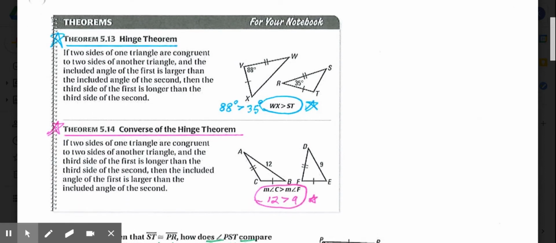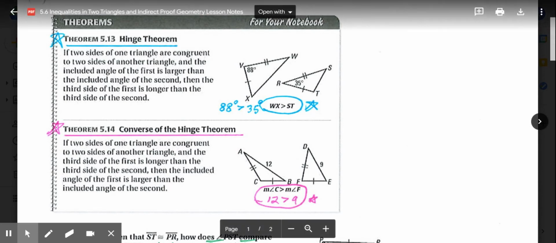Theorem 5.13 is known as the hinge theorem. What the hinge theorem states is if two sides of a triangle are congruent to two sides of another triangle, and the included angle of the first triangle is larger than the included angle of the second triangle, then the third side of the first triangle is larger than the third side of the second.